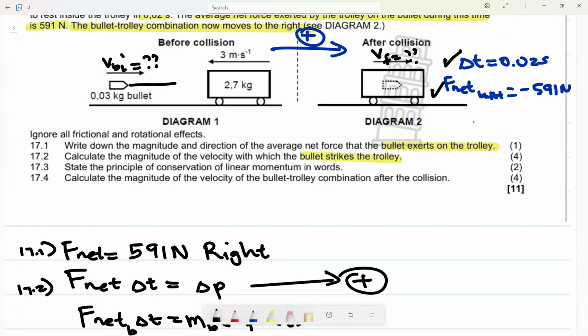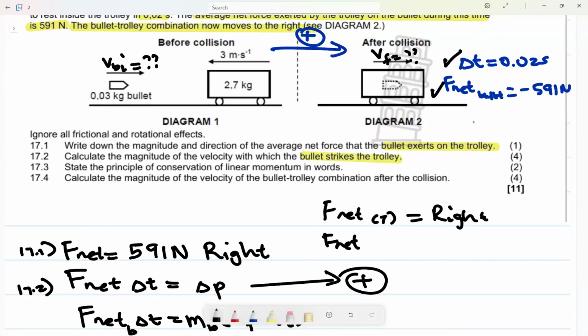When the bullet goes in that direction, the trolley moves in the opposite direction. The bullet will exert a force on the trolley that goes to the right, so the force the trolley experiences is to the right.